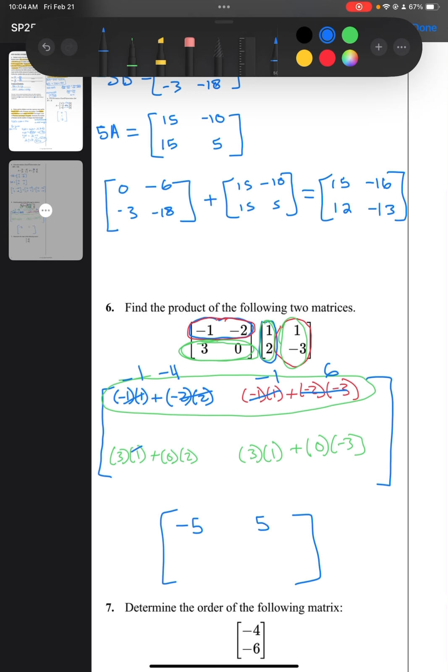Then our 3 times 1 is 3. This is just 0. Then we give our +3. And same thing here. That's a 0. And we have 3. So you should get a matrix of -5, 5, and 3, 3.